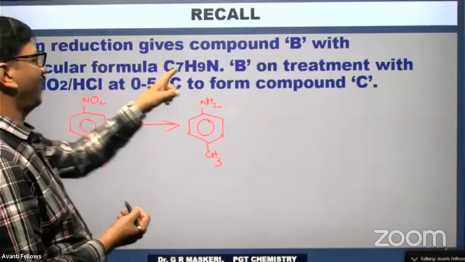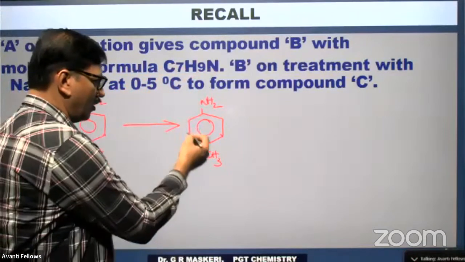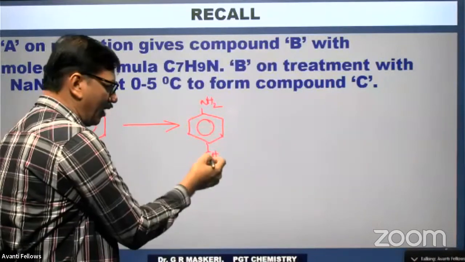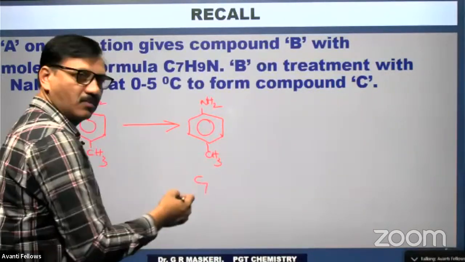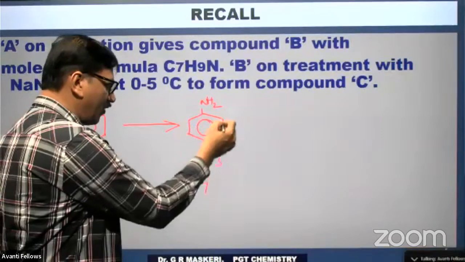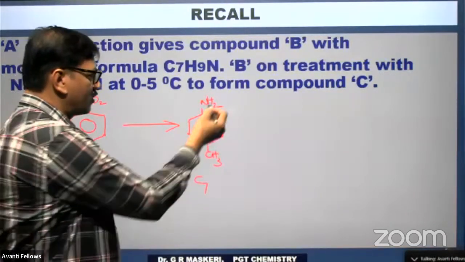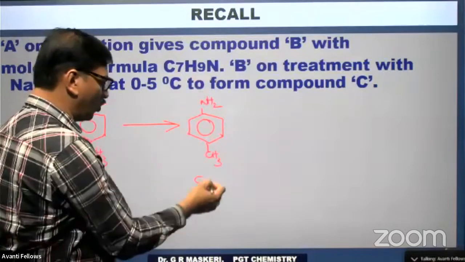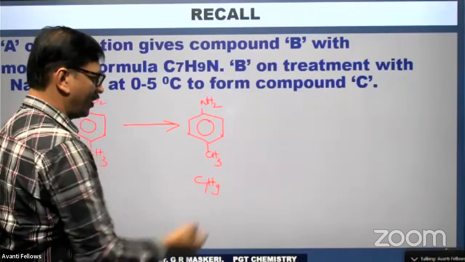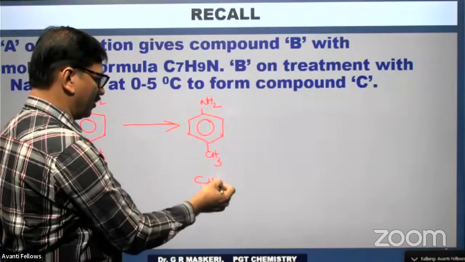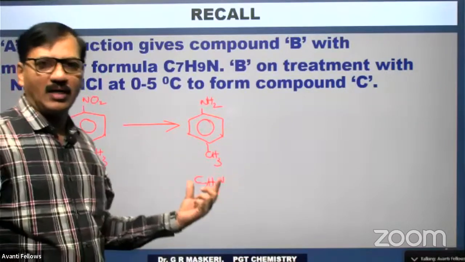C7H9N: C1, 6 carbon atoms in the benzene ring and one more, C7 is over. Hydrogen 1, 2, 3, 4 from the benzene ring, 4 plus 3, 7, 7 plus 2, 9. H should be 9. And 1 nitrogen. Therefore, it tallies with the molecular formula.